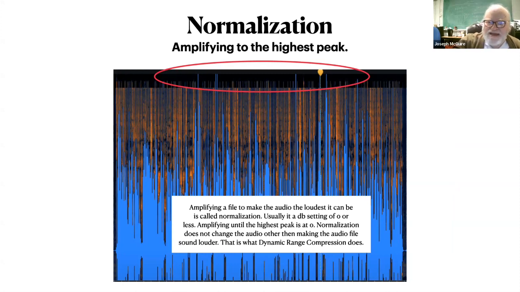And as you see in my circle, those are the peaks that are highest. So it amplified the entire file to those peaks, where that little orange teardrop is the highest peak in the file. So that's what it normalized to.